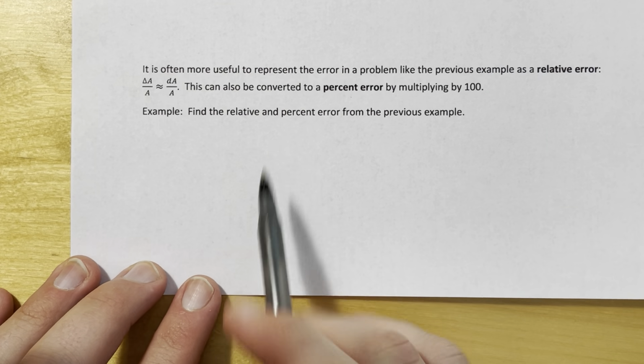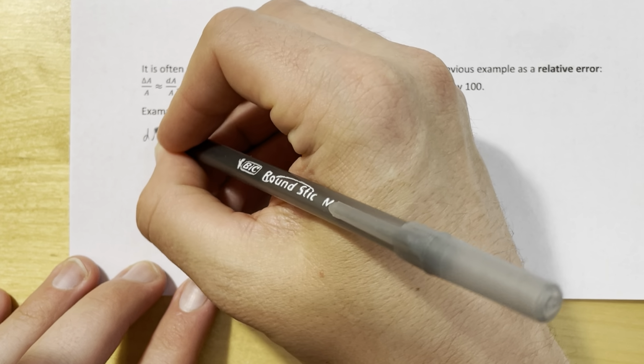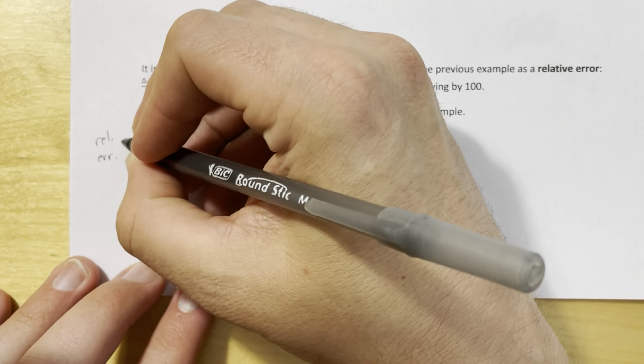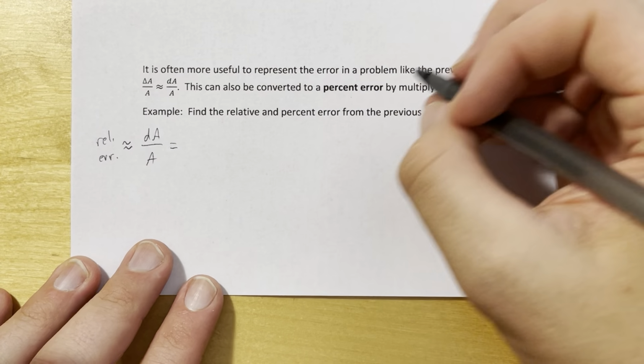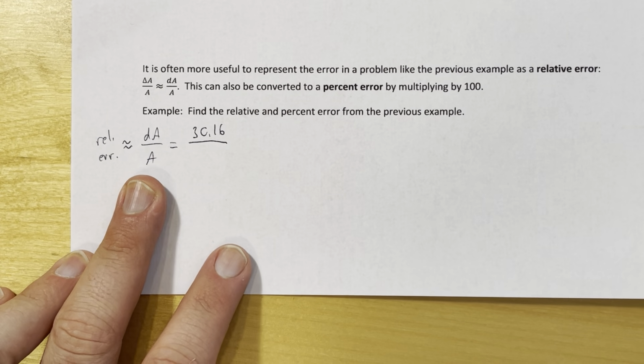So relative error is approximated by dA over A, which is equal to what? Well, dA is equal to 30.16, but what is the area that we're looking at?